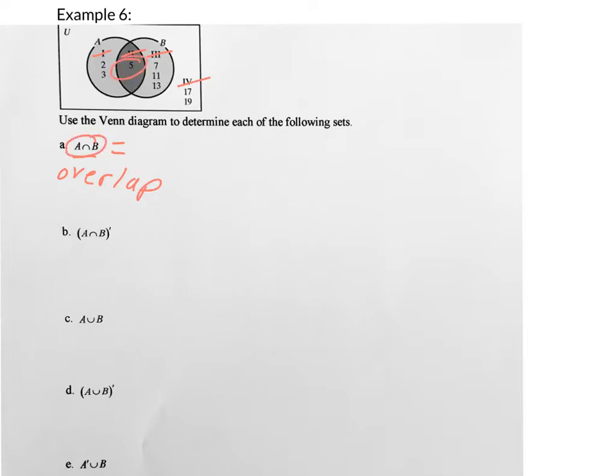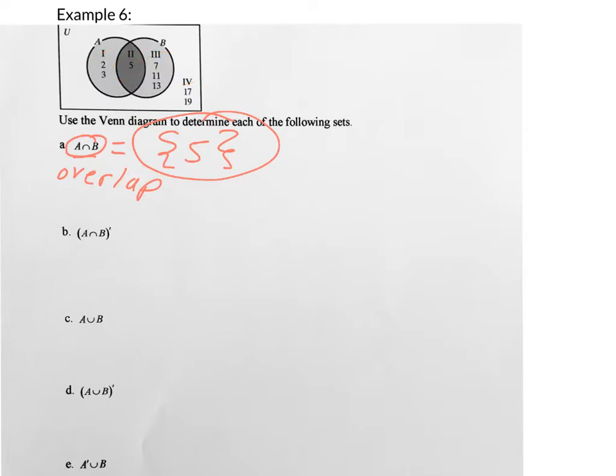Well, they overlap right here. I know it's kind of hard to see, but there is a 5, a number 5. And we still, unfortunately, need those annoying set brackets around our answer because we're doing a set operation. So we get the set with 5 is what those circles have in common. So the set with 5 is the final answer to A.